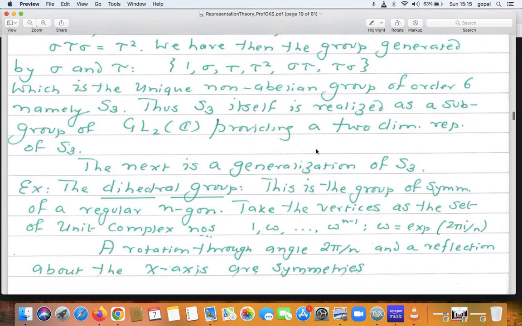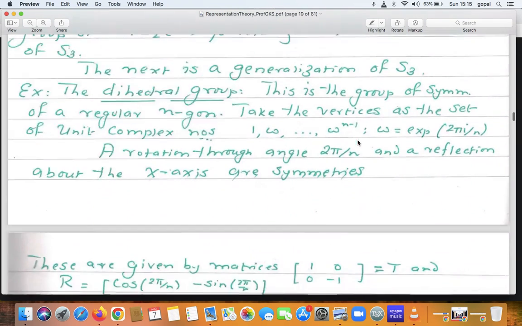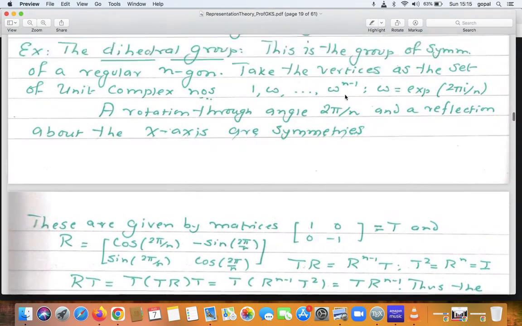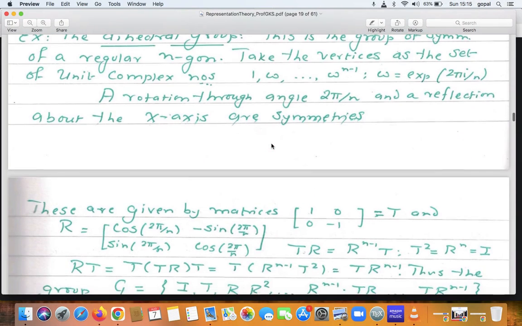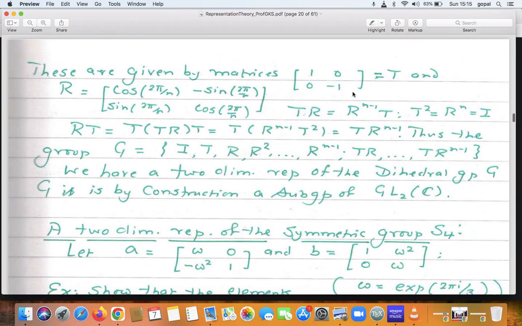And then as we did here with a 120 degrees rotation, here we shall do a rotation through angle 2 pi by n, and a reflection which fixes 1 and which will take omega to its complex conjugate. The complex conjugation is denoted here by letter T, the matrix 1 0 0 minus 1, and the rotation capital R is rotation through angle 2 pi by n.